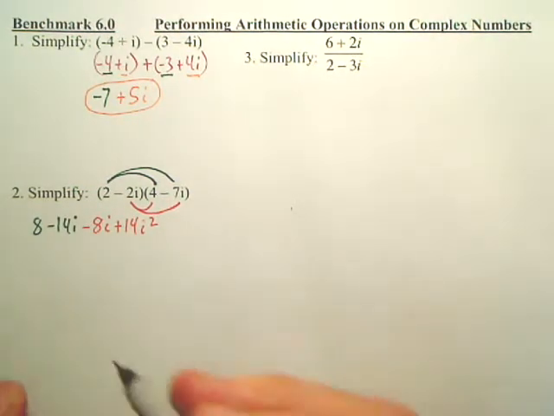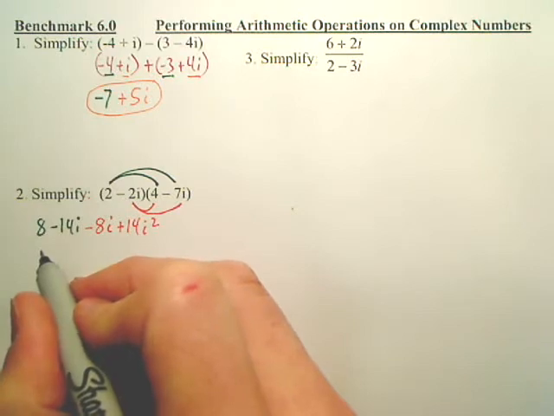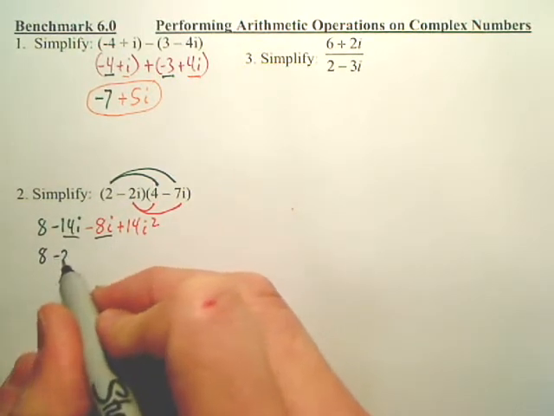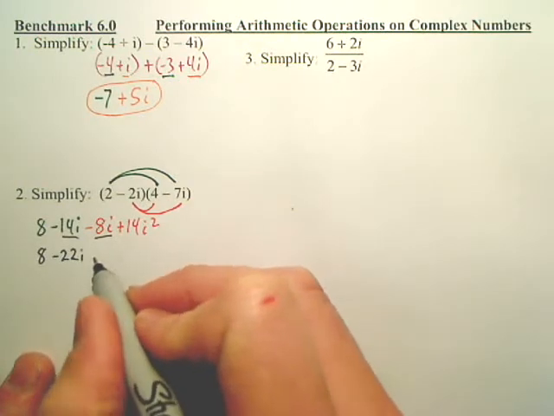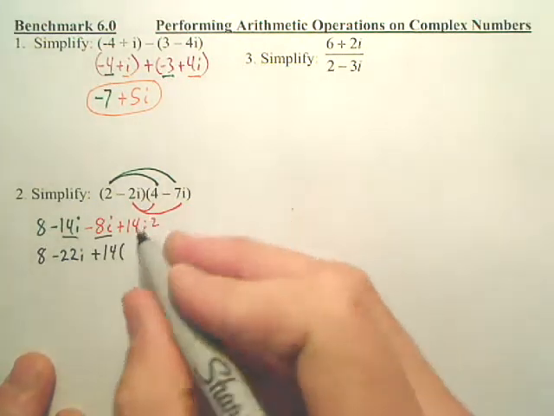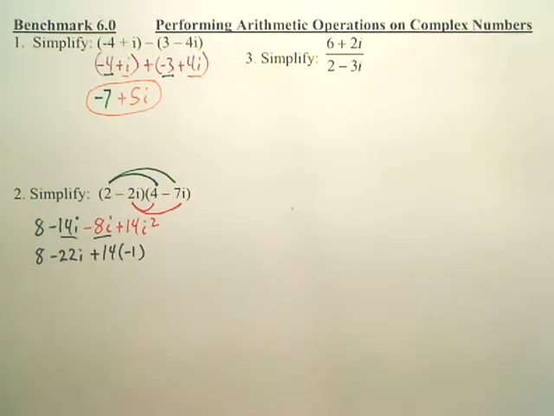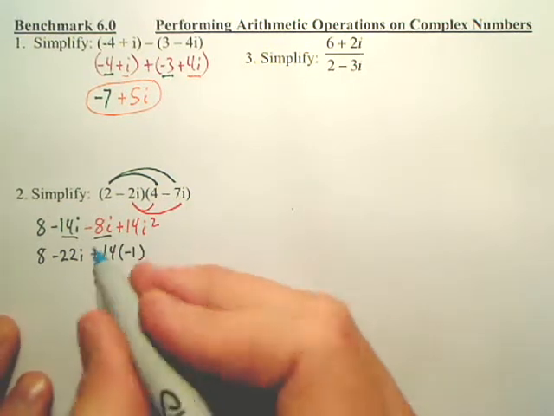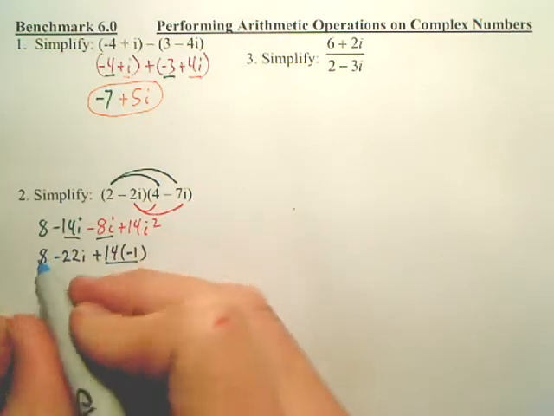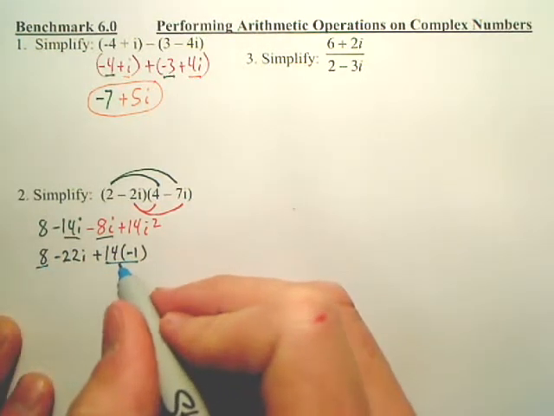So if I combine my like terms, I get 8 here. These two combine, giving me negative 22i. And this becomes 14. What's i squared equal? You have to realize i squared is negative 1, which I can still simplify. Won't that become negative 14? 8 and negative 14.